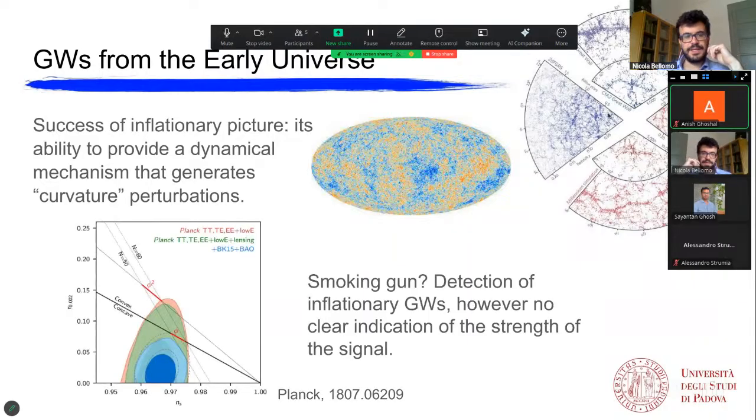However, we have not yet been able to probe the existence of primordial gravitational waves, and this is one of the goals of future cosmological observations, especially because gravitational waves are a sort of smoking gun of inflation, since you cannot avoid the production of gravitational waves in the inflationary scenario, even though their amplitude can be really small. So far we have just upper limits on the scalar-to-tensor ratio, and hopefully the situation is going to improve in the future.